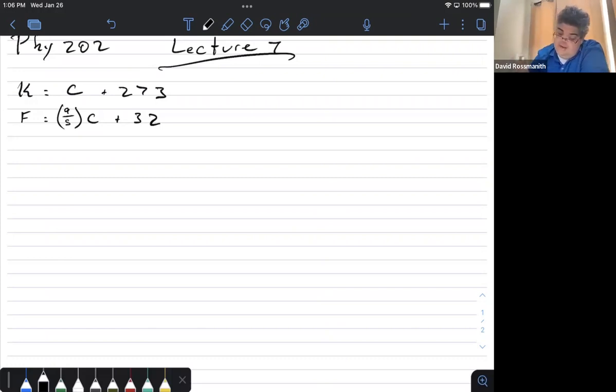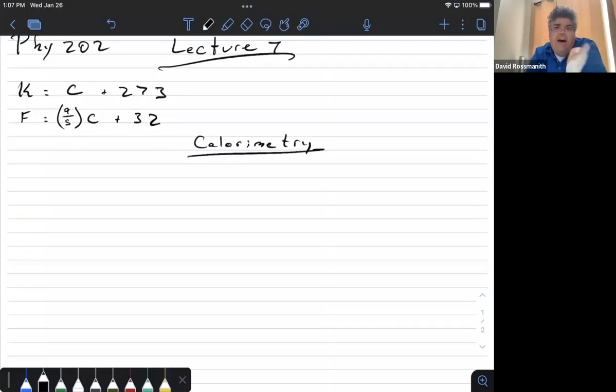The next thing is we started into the big topic, which is called calorimetry. So this is the first main topic in thermodynamics we're going to cover. And this deals with equilibrium temperatures.